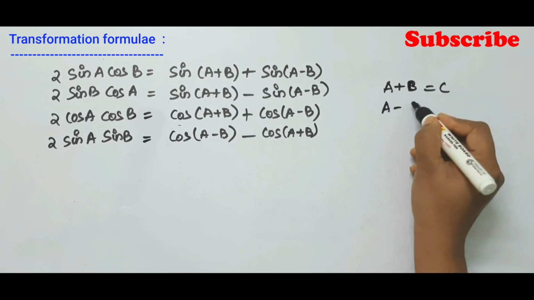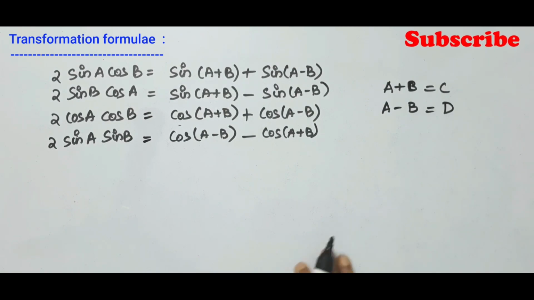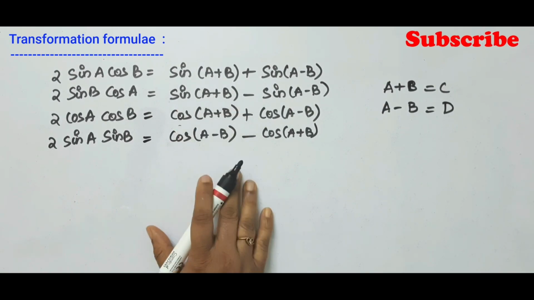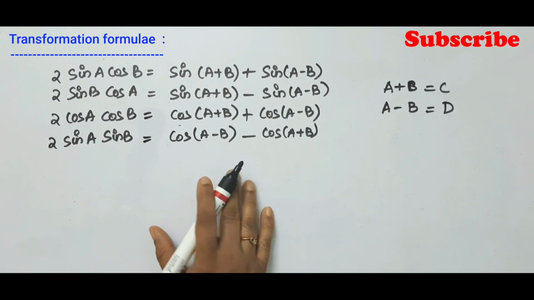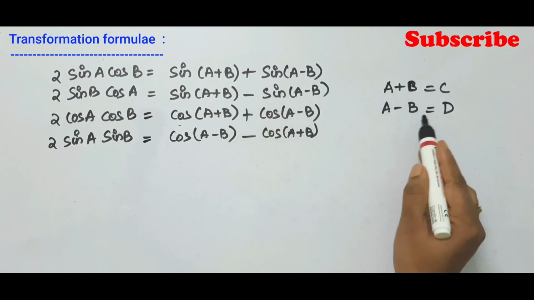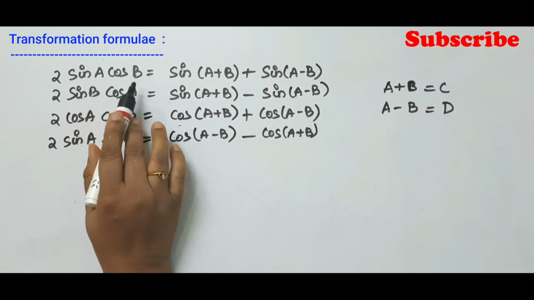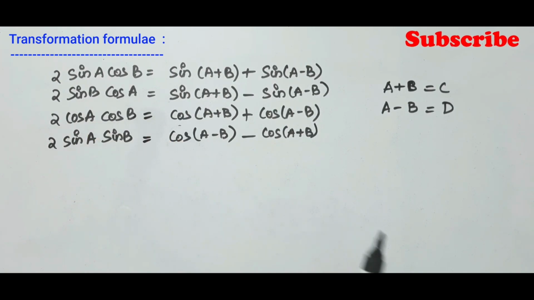Similarly, a minus b is equal to D. Then let us see how these formulae will change. Here a plus b is C, a minus b we have taken as D. Here either angle A is there, or angle B is there. So we need the value of B and the value of A.